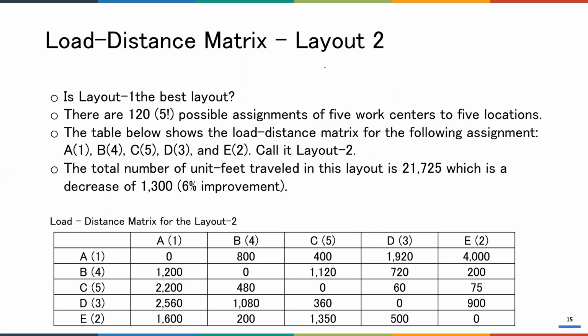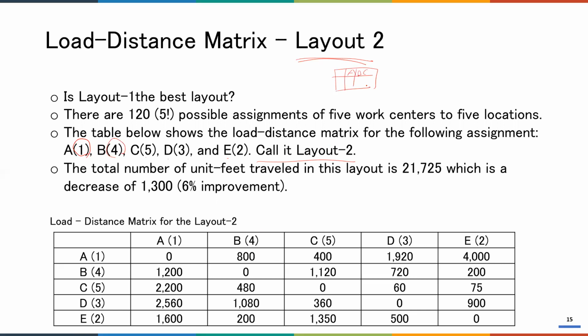So for example, the other proposed layout, we call it layout 2, where workstation 1 is assigned to A, workstation 4 is assigned to B, 5 to C, 3 to D, 2 to E. Then we make another load matrix, and we use the same distance matrix, right?